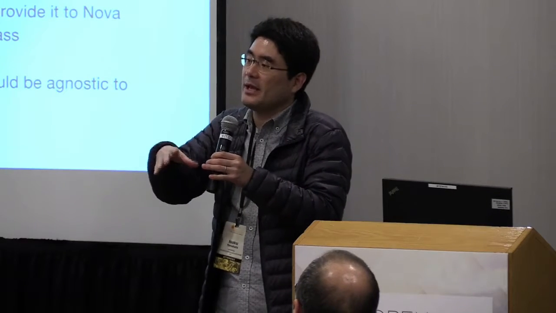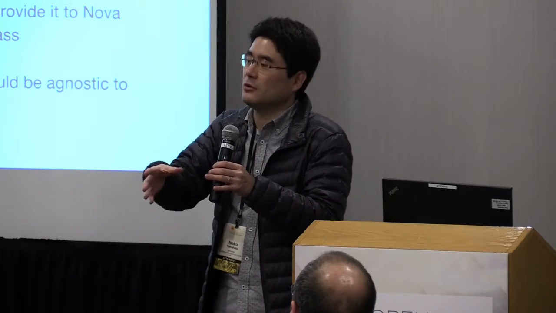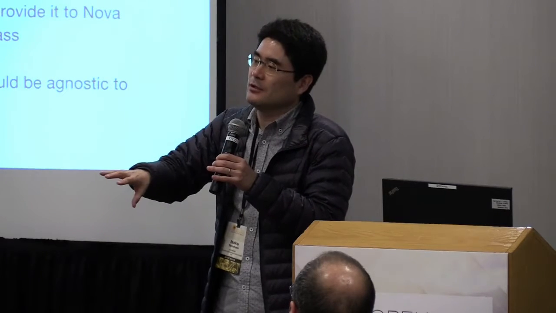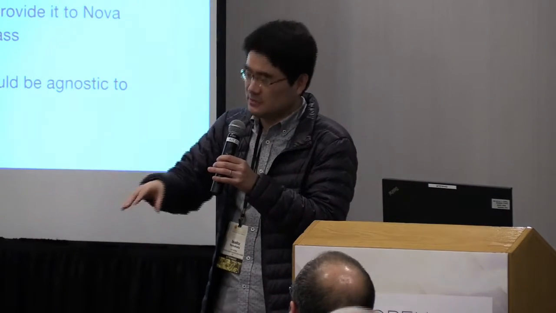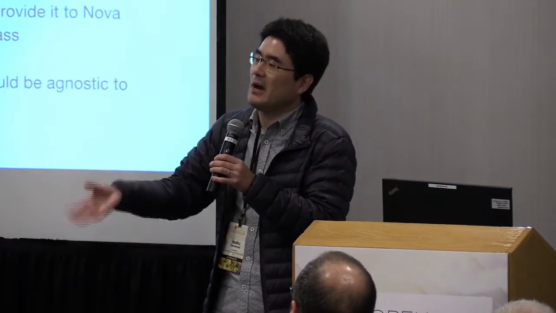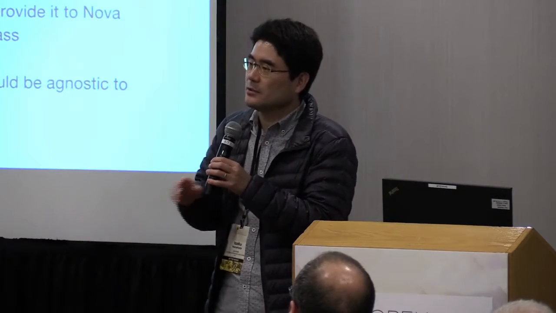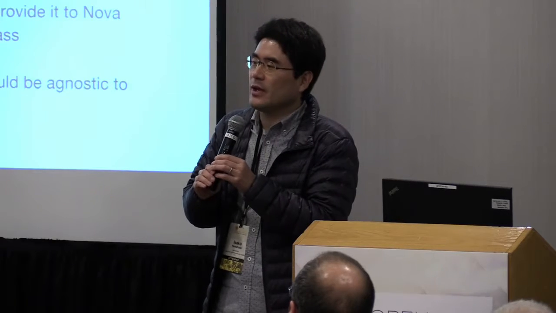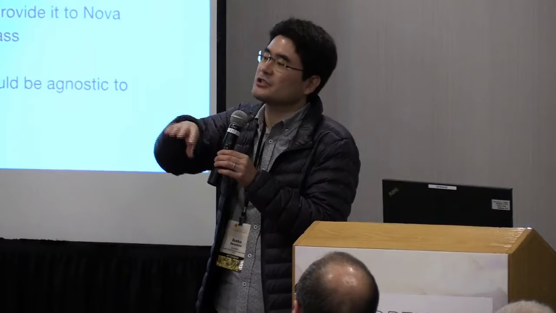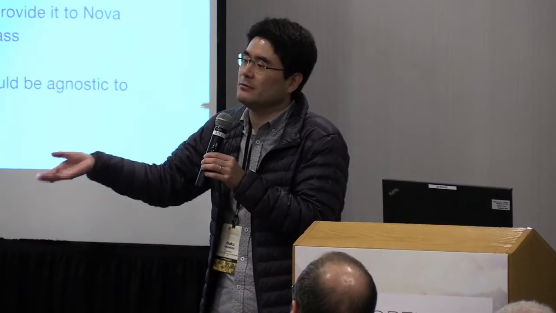Nova just maintains a compute node and should not know about networking elements. OVS should be maintained by Neutron, dedicatedly. When Nova needs information, Nova asks Neutron what capability is available.